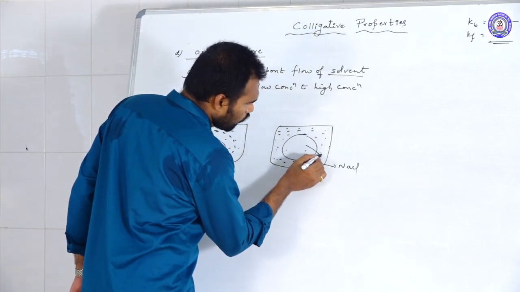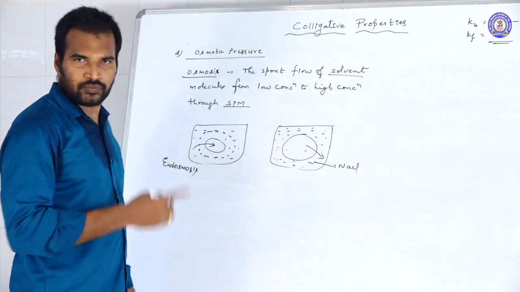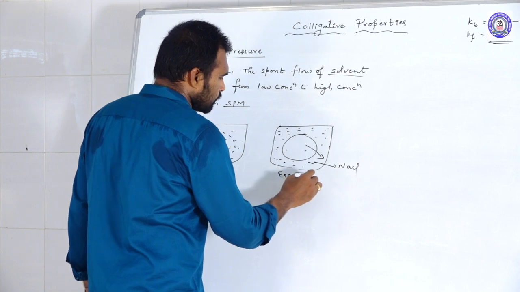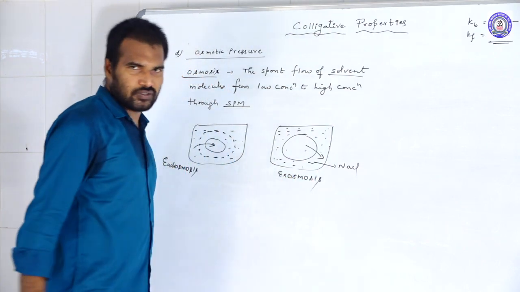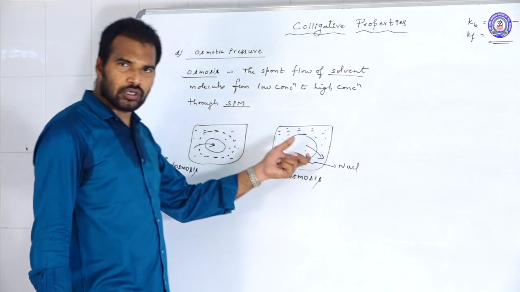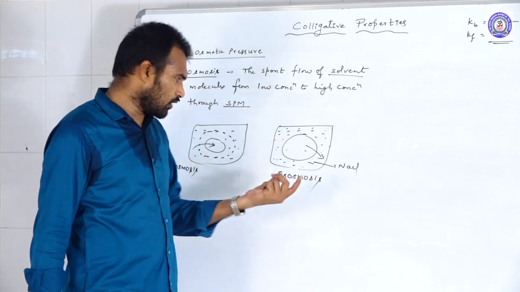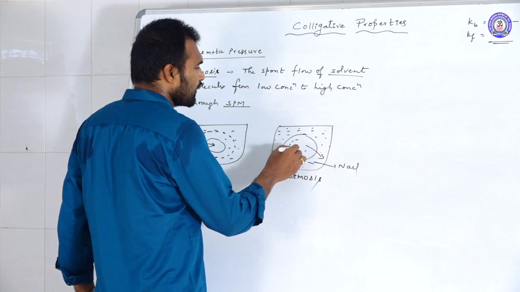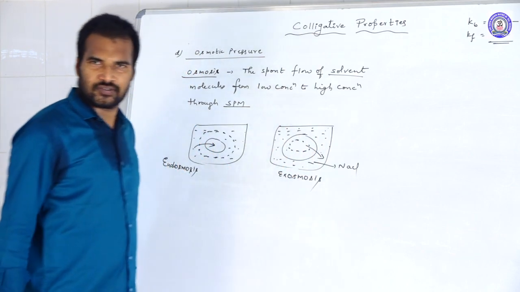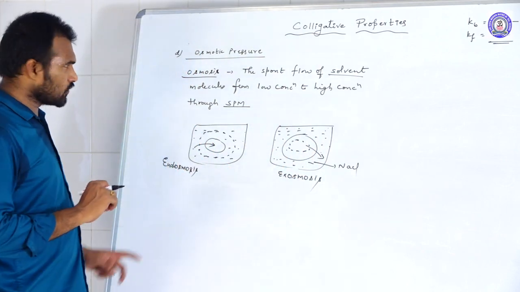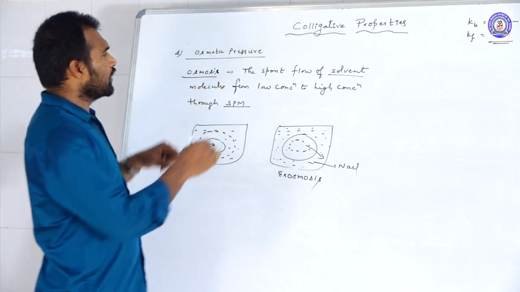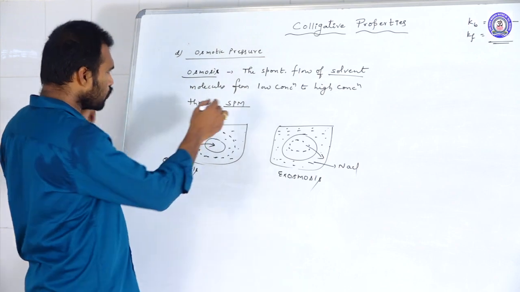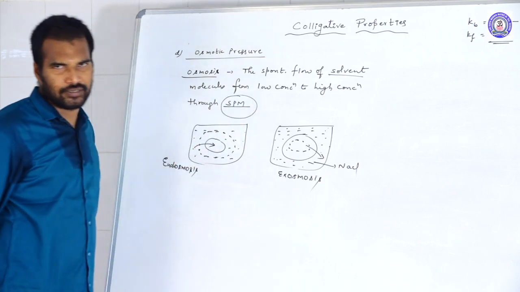Now the solvent will move from inside to outside. That is what we call exosmosis. With this, the size of the resin again comes back to normal. Clear? Understood what is osmosis? It's the spontaneous flow of solvent molecules from low concentration to high concentration through semi-permeable membranes.